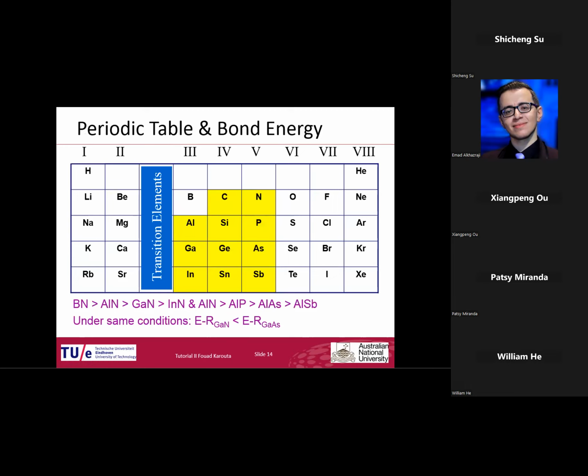Here is again the periodic table. I just want to talk about it relative to the bond energy. As I mentioned previously, when you are etching a material, you need to break the bonds of the molecules in your sample. You know that in crystalline silicon, every silicon atom is connected to 4 silicon atoms. But of course, on the surface, depending on the orientation, it has 3 or 2 bonds to silicon.